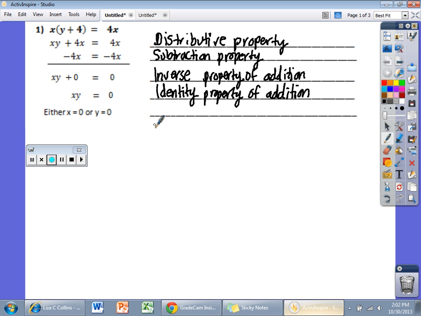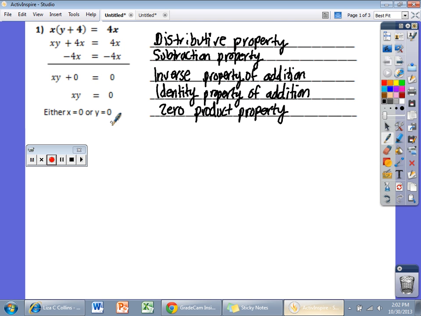So the last one here is what's called the zero product property. Okay, we had x times y is equal to 0. So then that allows us to say that x is equal to 0 or y is equal to 0.